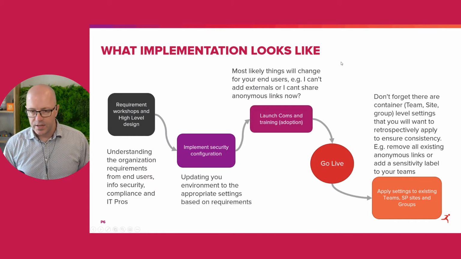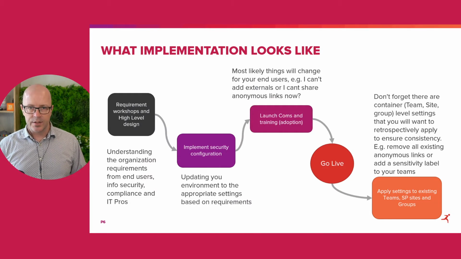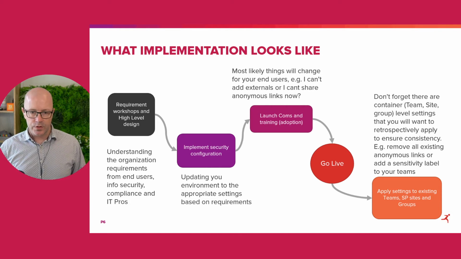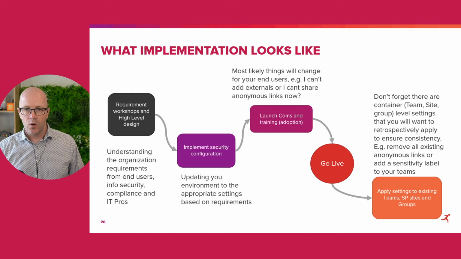Now, guest access, how do we implement this in a way that's going to be effective to our organization? One of the key ways that we flow through this is you do have to sit down and talk to people about requirements, see where it fits within your compliance requirements and how you might work within your organization, and really just make those choices, because that's what informs our next step, the implementation of the security, the various settings that we're going to make.